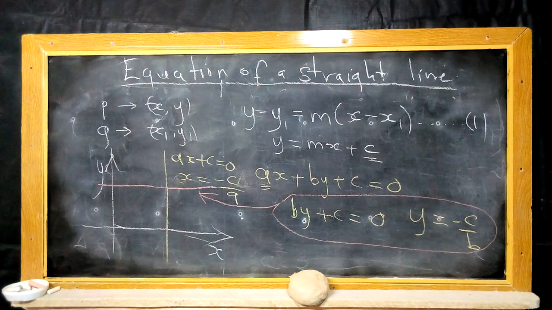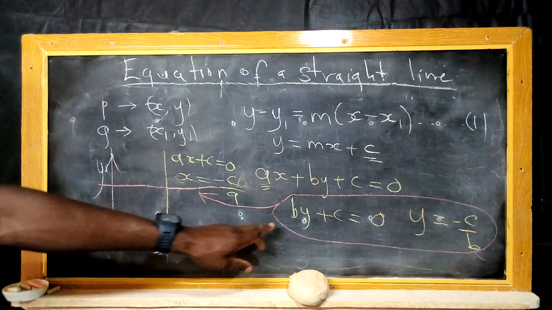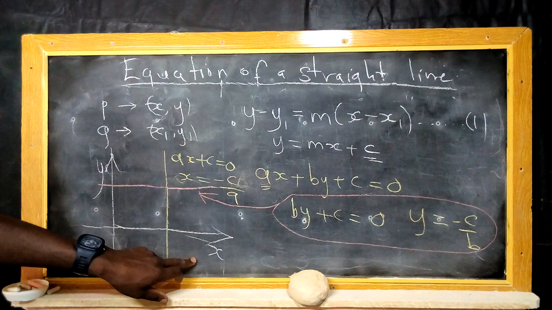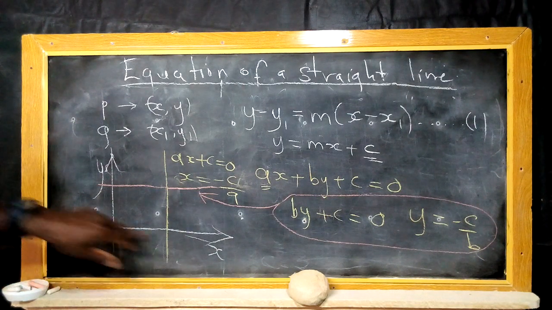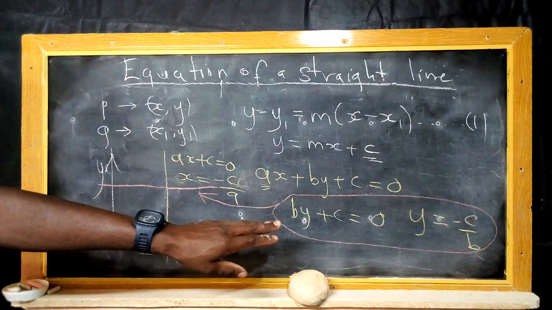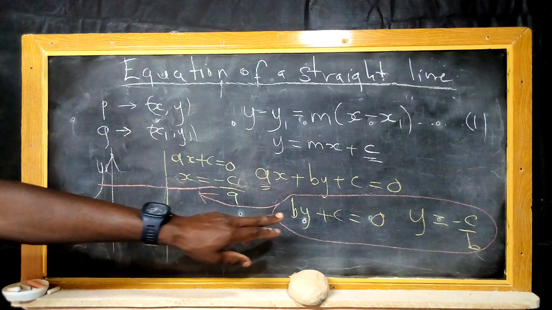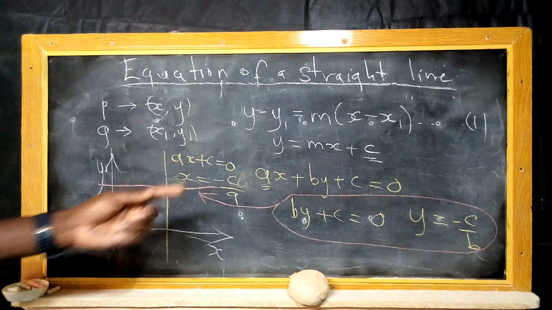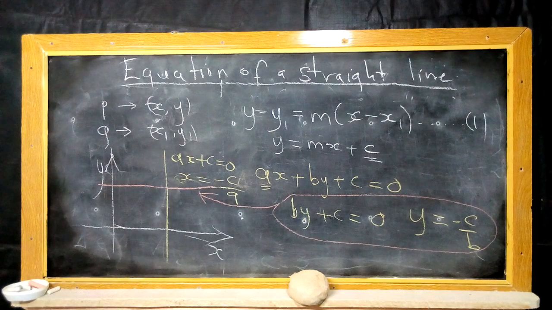So this first set of lines that we have given is parallel to the x-axis, just a horizontal line, whereby that expression is for a equals 0 and for b equals 0 respectively.